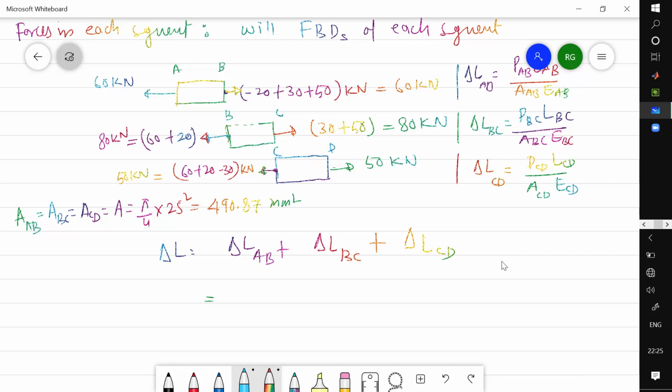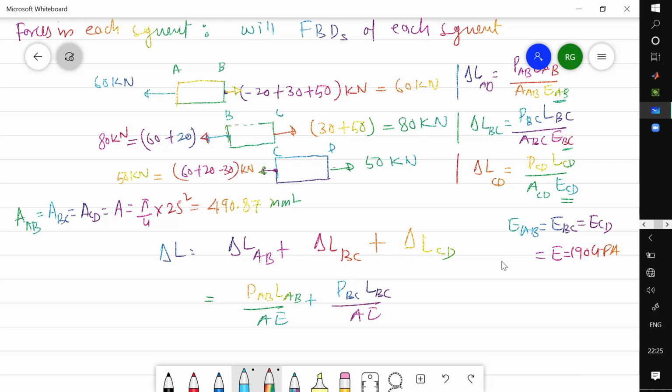And as the material of all the segments is the same, Young's modulus for each segment is equal. So E of AB, E of BC and E of CD equal E, which is given as 190 GPa, right? So here we can write P AB LAB over AE plus P BC LBC over AE plus P CD LCD over AE.